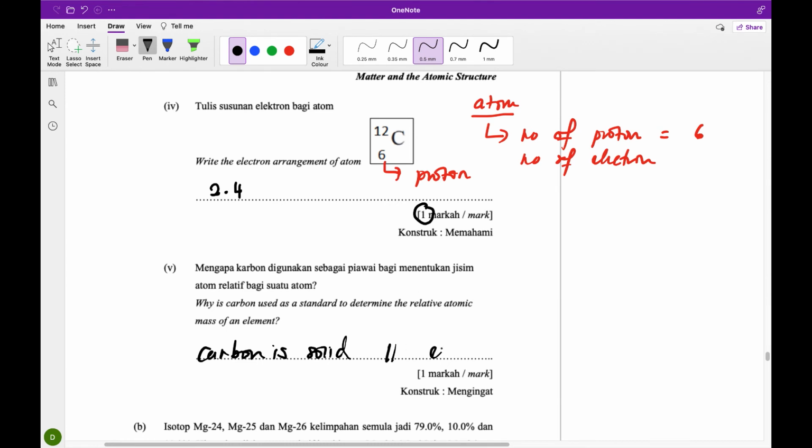Carbon is abundant is not accepted. So the common answer is either carbon exists in the form of solid, or because it is easy to handle.